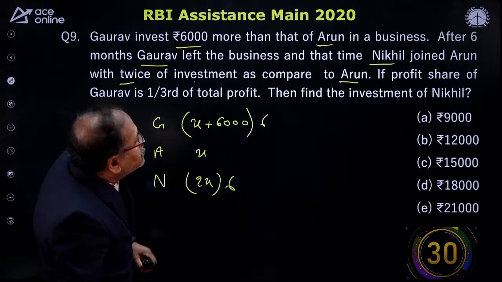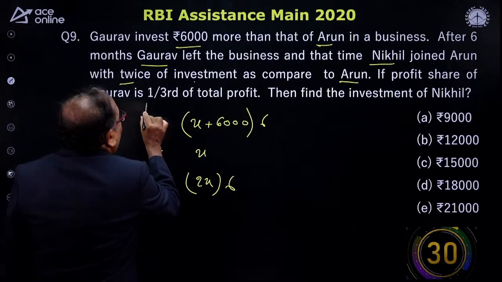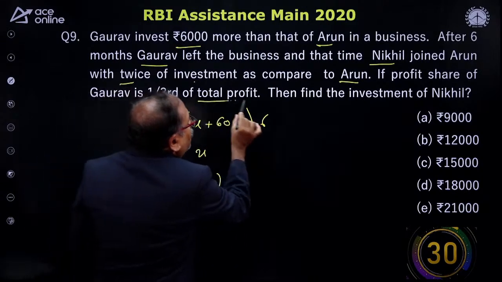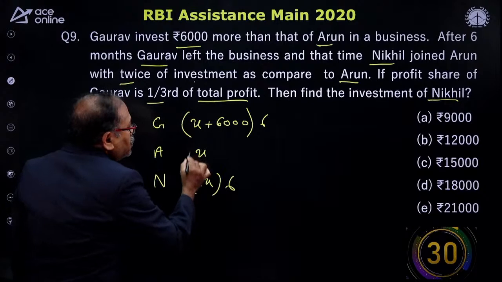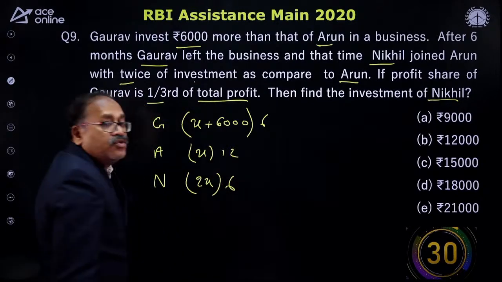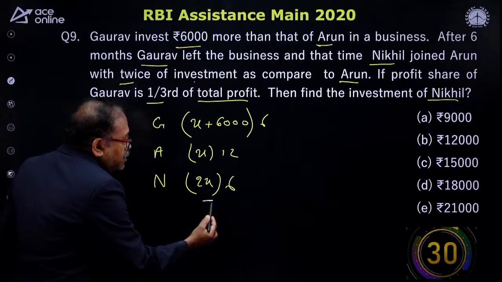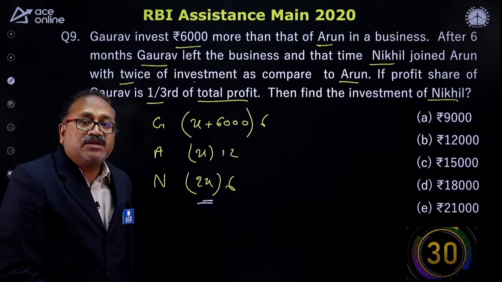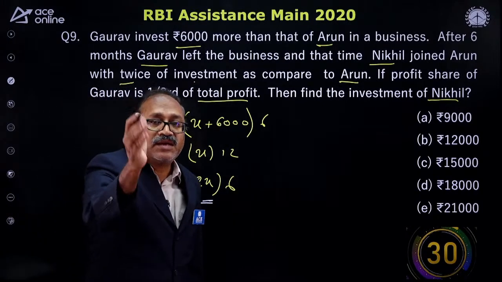So it's 6 months, and after that it is said, if the profit share of Gaurav is 1/3 of the total profit, then find out the investment of Nikhil. So that means this person was there for 12 months. So you are asked to find out the investment of Nikhil. That means I need to find out 2X. So you will get the X value, then you will get the 2X value also. Your time, 30 seconds, starts now.